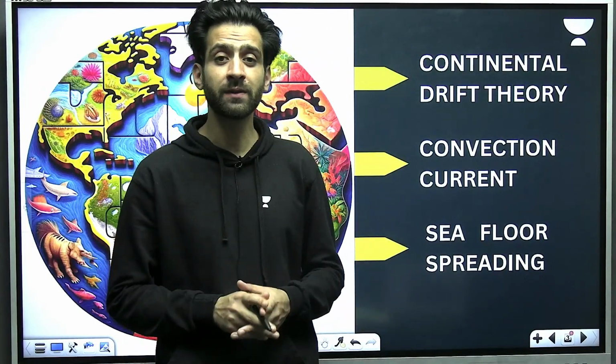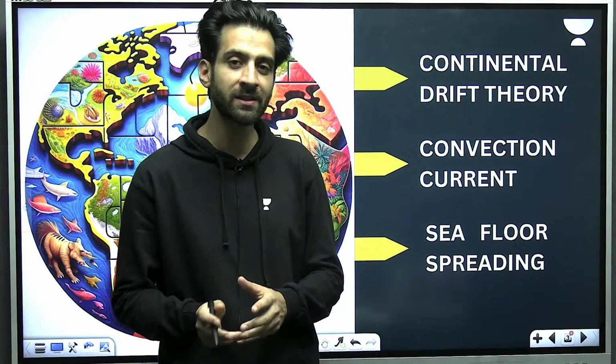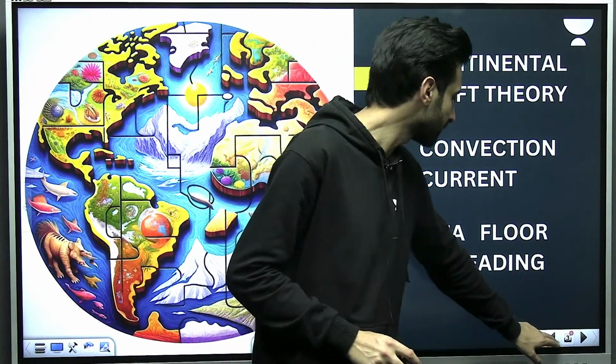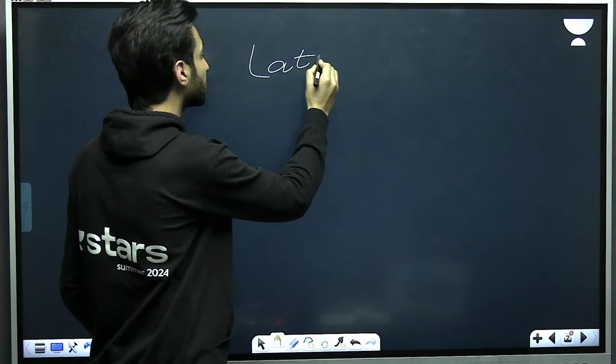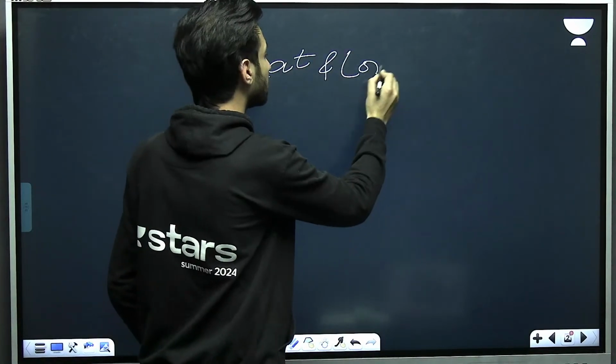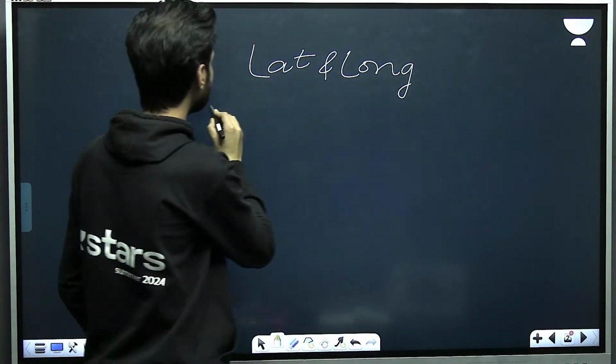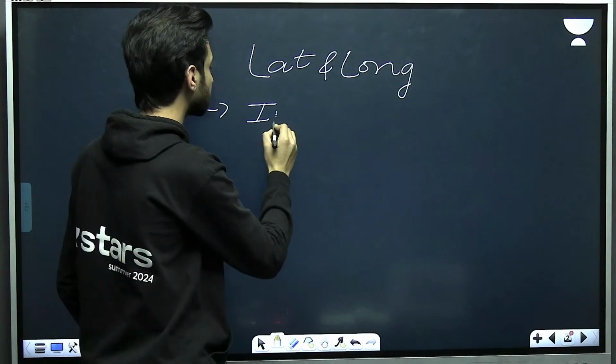We are in the middle of a series on physical geography and we have started geomorphology and we are already done with 3 sessions. If you've gone through the previous lectures, then well and good. If you've not, then I will give you a brief idea of what we have already done. We have done the shape, the latitudes and the longitudes. We have done the interior of the earth.